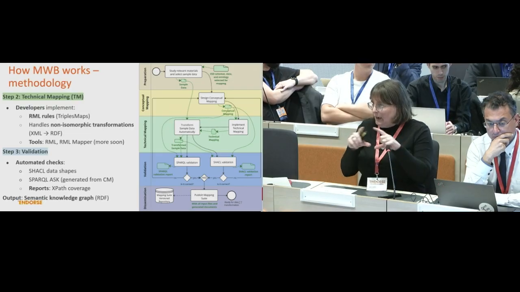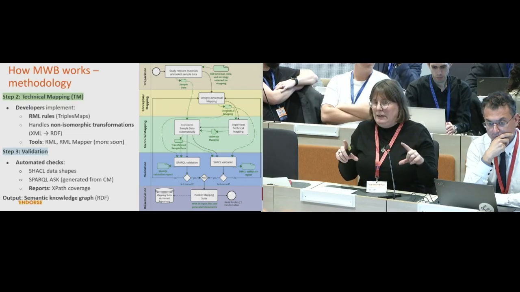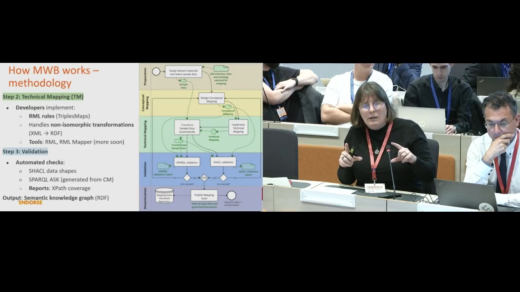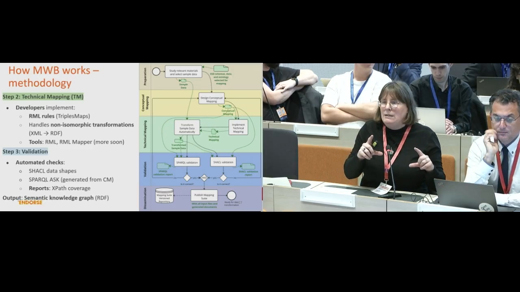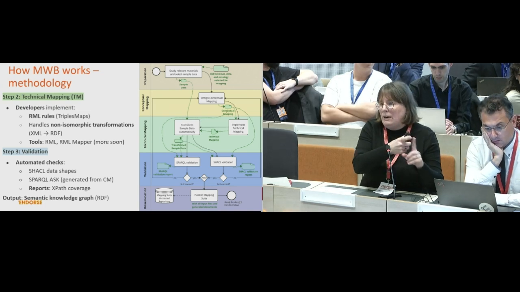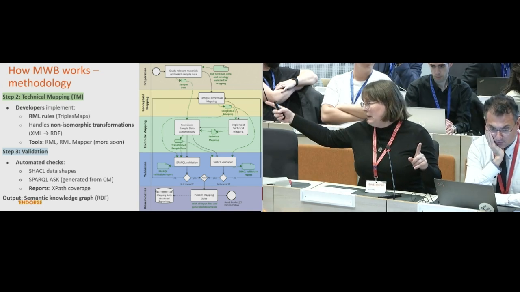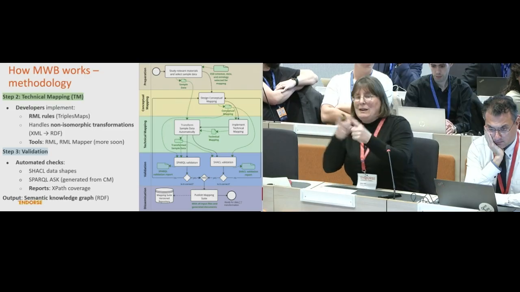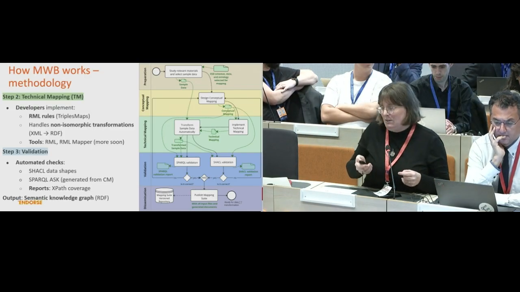In that practical, technical implementation, we also handle non-isomorphic transformations. In some cases, a property or an attribute in XML may end up as a class, because that is how it is modeled in EPO. Those kinds of non-isomorphic transformations are handled there as well.